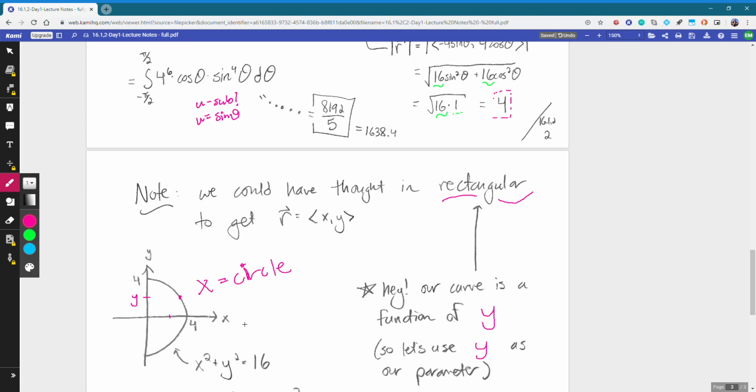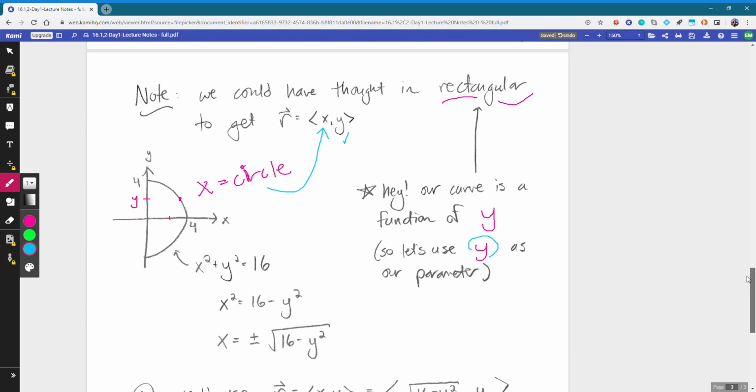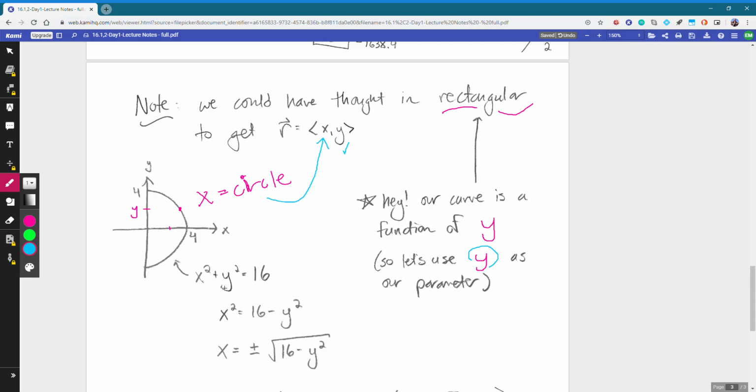And so what we can do is take our circle equation here and solve it for x. Once we have that, we can plop it in for our x component and leave y alone, since we're using y as our parameter. So y can stay. What that looks like here: if we solve this for x, toss the y squared over, x equals plus or minus the square root of the quantity with y squared.